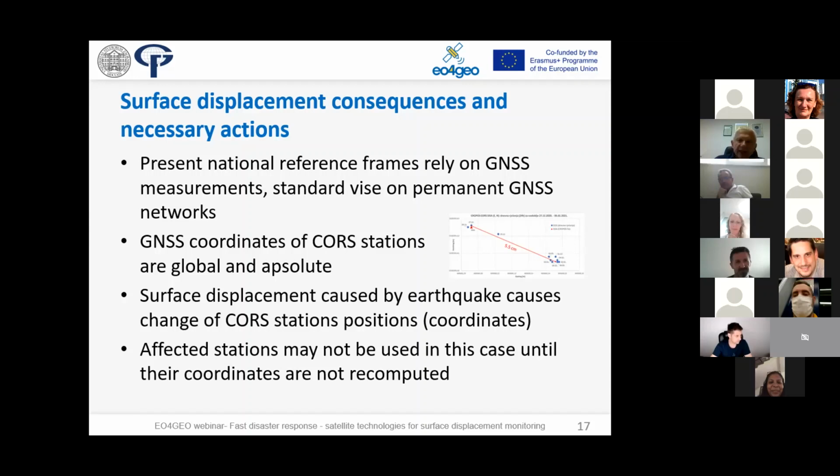And in this case, if we are measuring near this affected reference station, we will basically receive wrong coordinates for the virtual reference stations. So our results of measurements will be wrong.